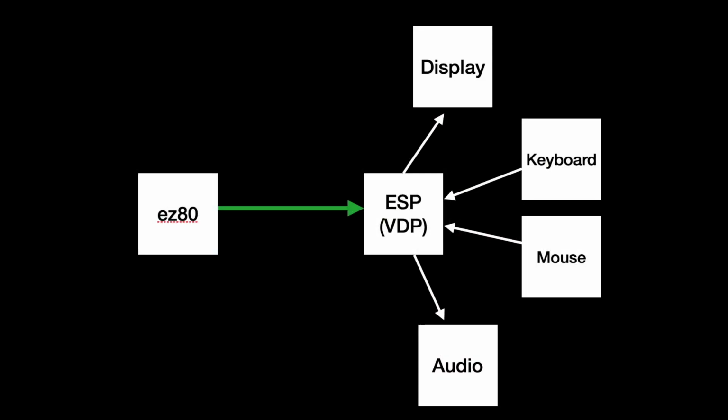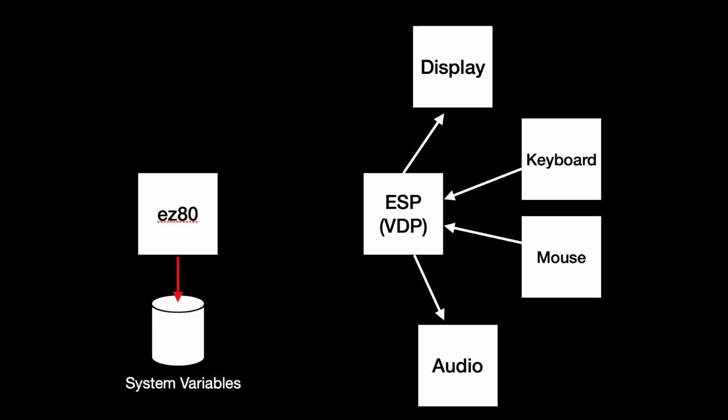So when we send a command from the Z80 to the VDP to ask for some information, such as the colour of a pixel, we send that command, but the information isn't available immediately. The VDP thinks about it for a few moments. It then sends it back to the Z80 processor, which then stores that in the system variables which we can use.